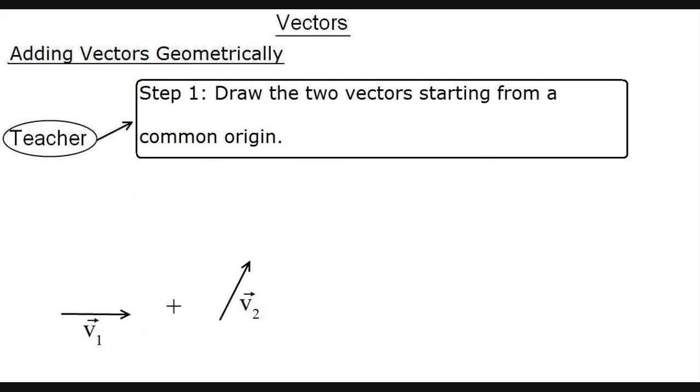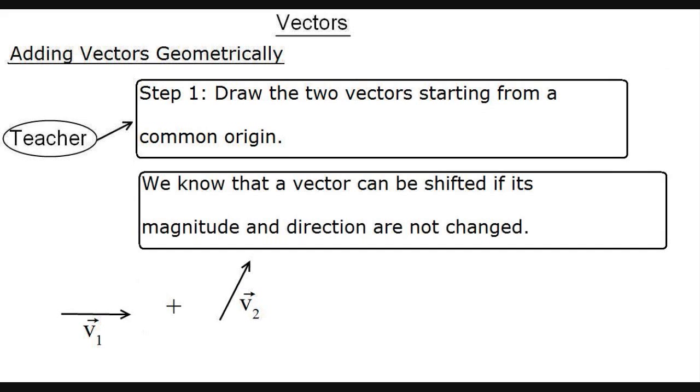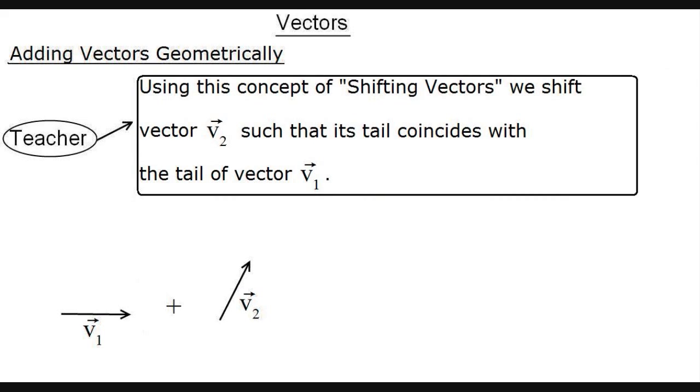Step 1. Draw the two vectors starting from a common origin. We know that a vector can be shifted if its magnitude and direction are not changed. Using this concept of shifting vectors, we shift vector v2 bar such that its tail coincides with the tail of vector v1 bar.